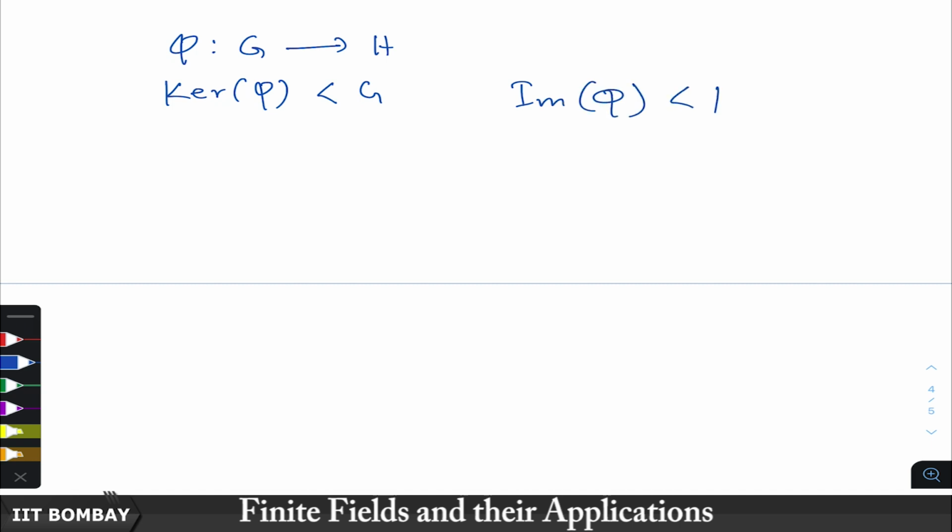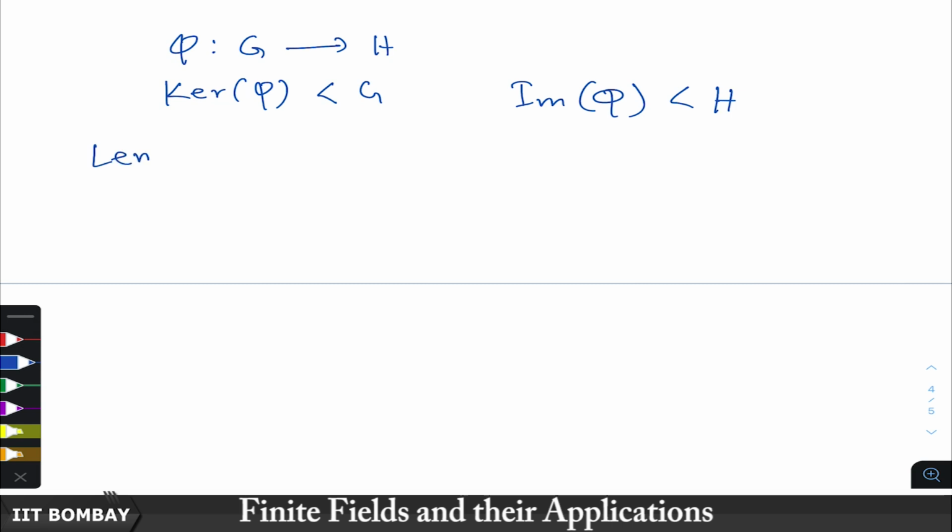We have seen that for any group homomorphism phi from G to H, the kernel of phi is a subgroup of G. We have also seen that the image of phi is a subgroup of H. Now, we will show that this kernel is actually a normal subgroup, so we can define the quotient group of it.